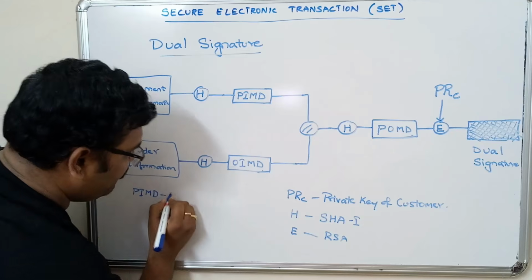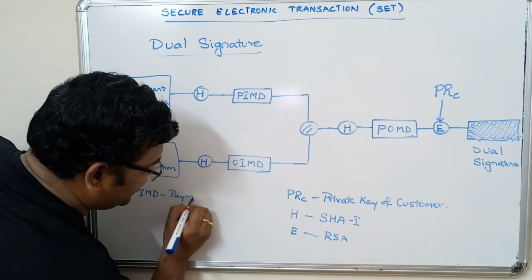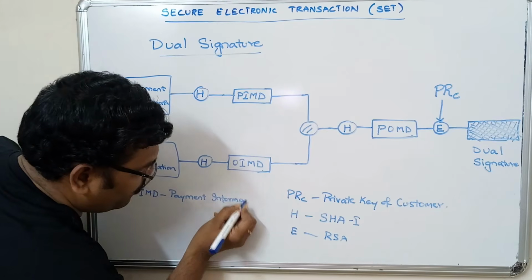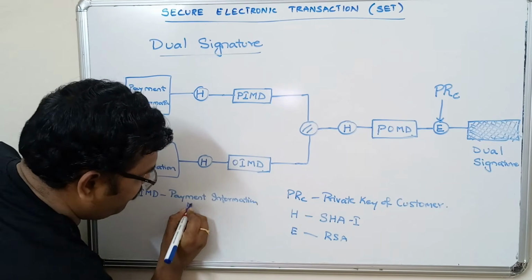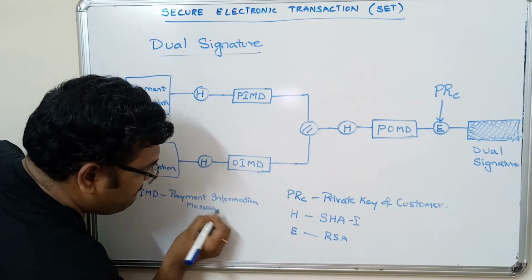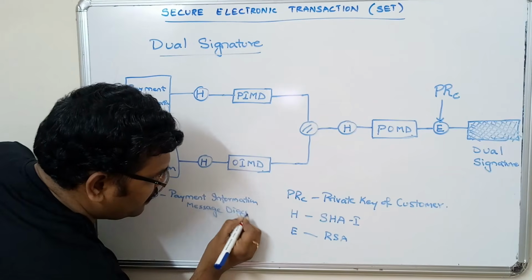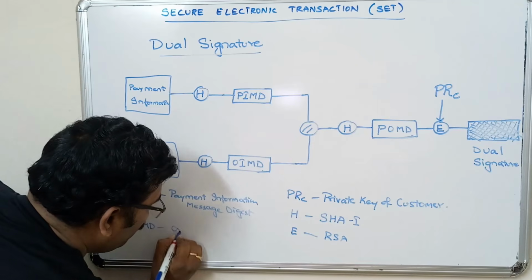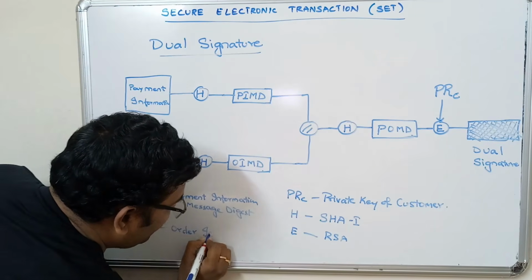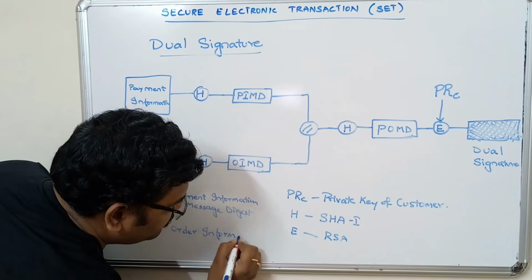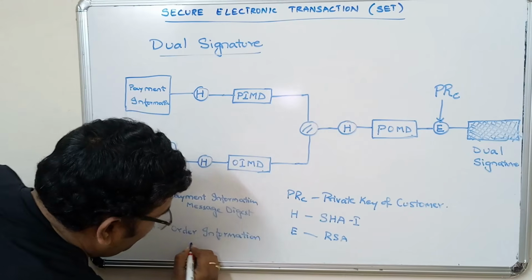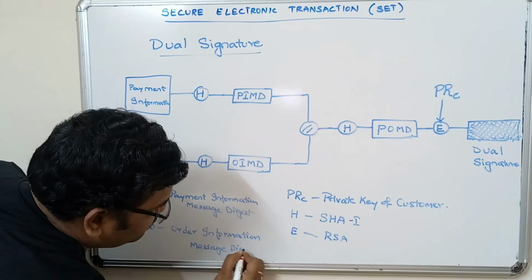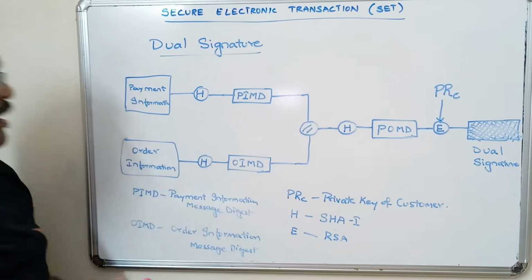PIMD is the payment information message digest. Similarly, OIMD is the order information message digest, right?